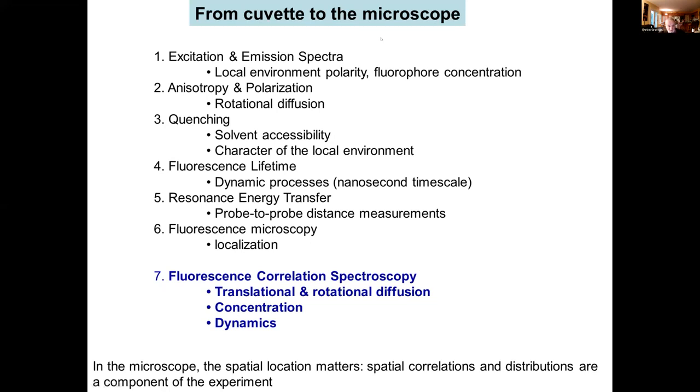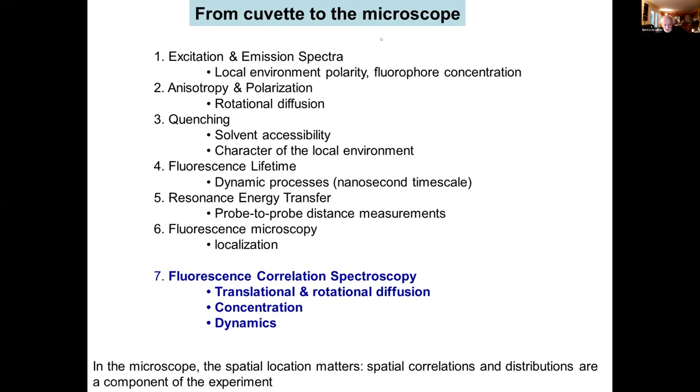Anisotropy and polarization is very important, although have not been used very much. It is possible to use in FCS. Quenching, of course, fluorescence lifetime can be done in FCS because it's essentially a measurement of what occurs in a few nanoseconds. And then resonance energy transfer, which is very common, and fluorescence polarization.